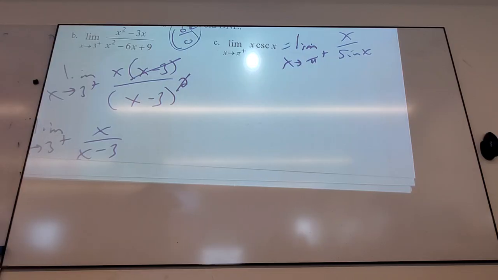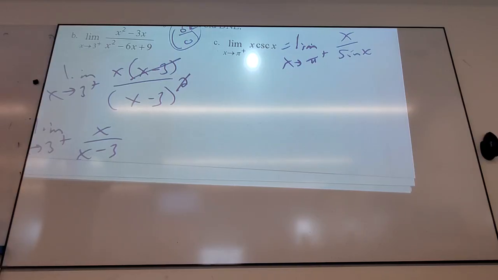Right, bigger than pi, but approaching pi, so I'm going to be almost all the time in the third quadrant. You with me? What is true about sine in the third quadrant? Sine's negative, right? Good.